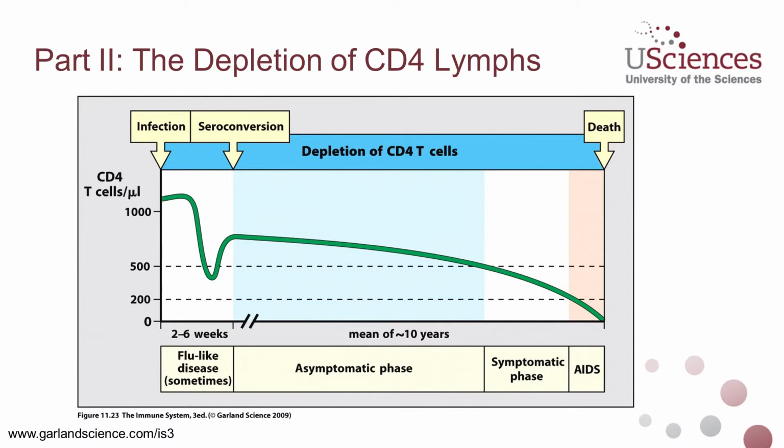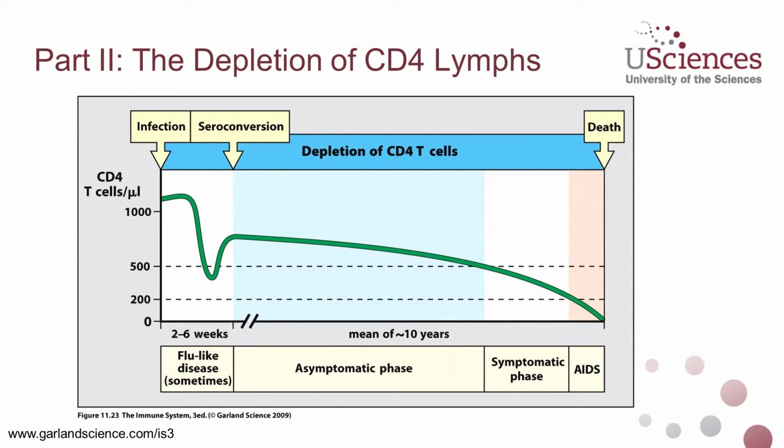But eventually, the immune system becomes exhausted. You might mention it that way, that it just can't keep up anymore. And you can't keep making more CD4 T lymphs, and eventually the HIV gets the upper hand, and your CD4 lymphs fall below 500 per microliter.